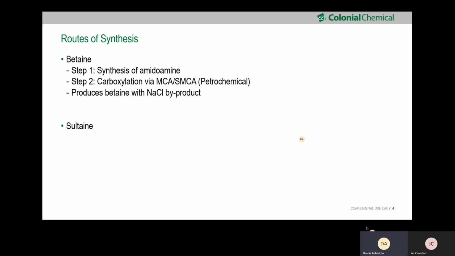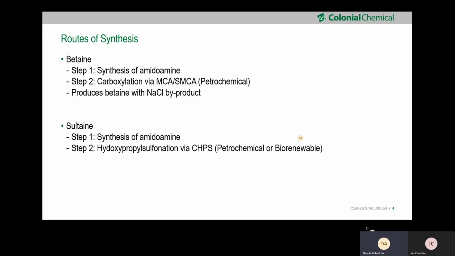For the Sultaine chemistry, the first step is identical in terms of the synthesis of the amidoamine, again using the same feedstocks here. The main difference again is in the second step. Instead of doing the carboxylation, we're doing the hydroxypropyl sulfonation via intermediates often referred to as CHIPS. This CHIPS intermediate can be petrochemical or biorenewable.